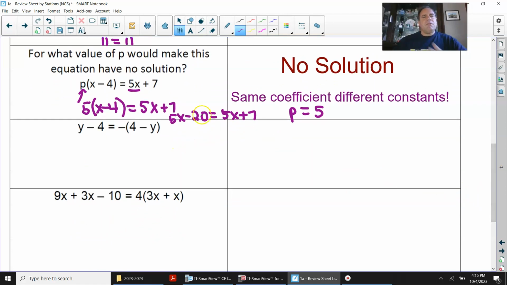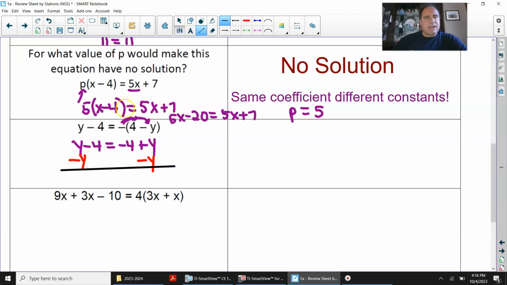For this one, a lot of people had trouble with this because of this negative. So I'm just going to rewrite y minus 4 equals, see this negative? I'm going to distribute negative times a positive. That's negative 4. Negative times a negative is positive y. So at this point, I still don't know what's going on. So I'm just going to subtract y on both sides, getting the y's together.